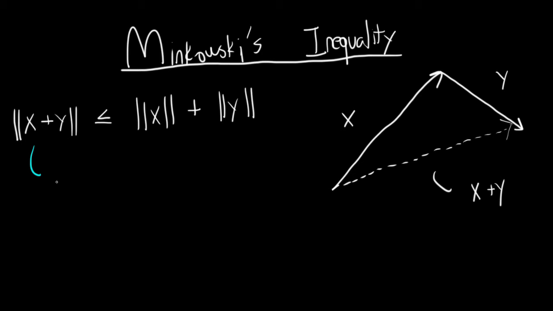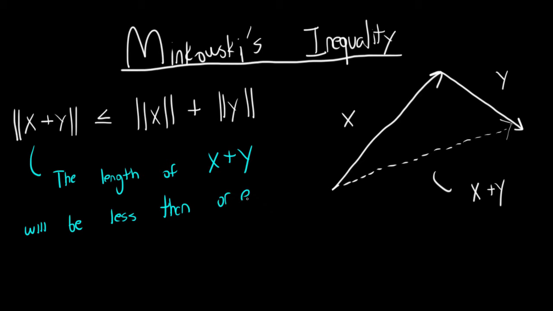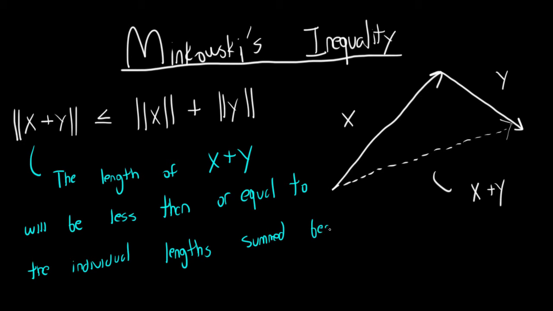The length of x plus y will be less than or equal to the individual lengths summed, simply because the shortest distance between two points is a straight line.